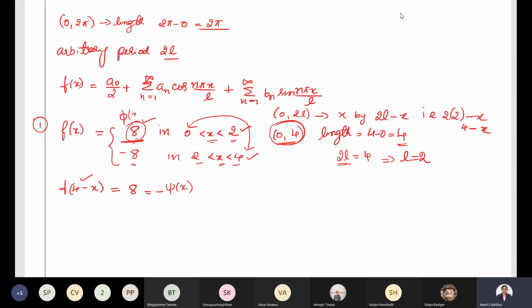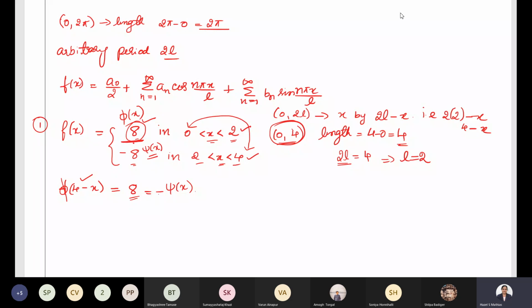So you have taken 8 as phi of x and minus 8 as xi of x. After replacing x by 4 minus x, the value of 8 remains as it is because 8 is not dependent on anything. And 8 is what?